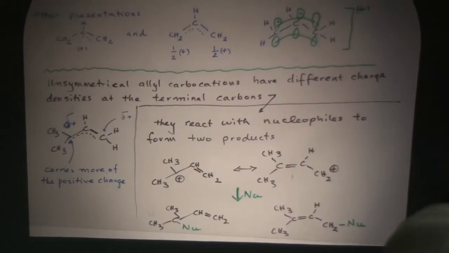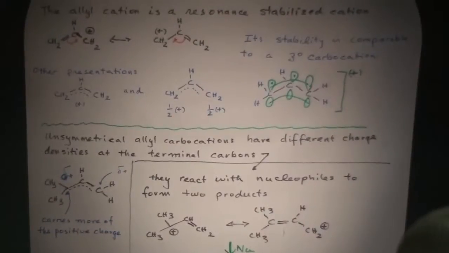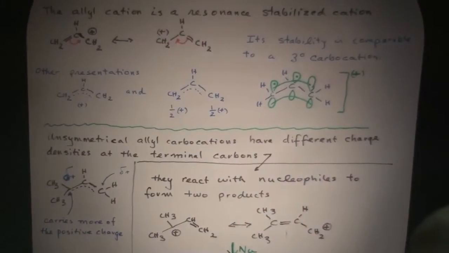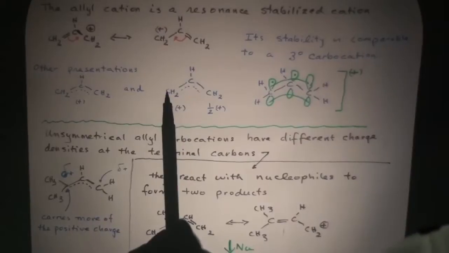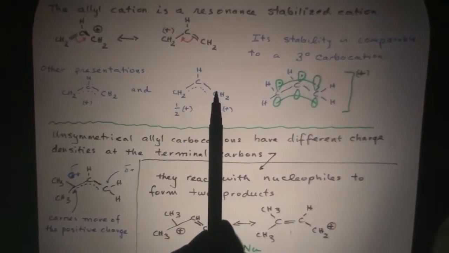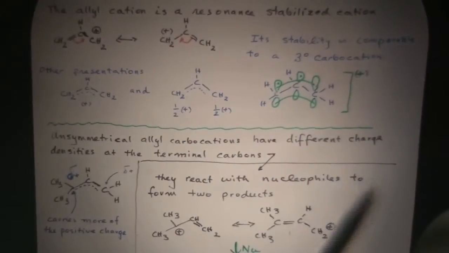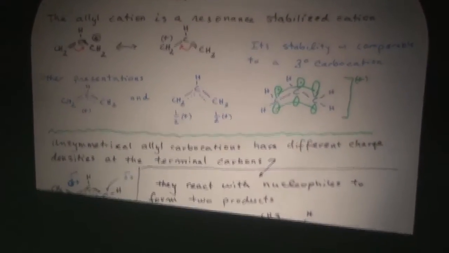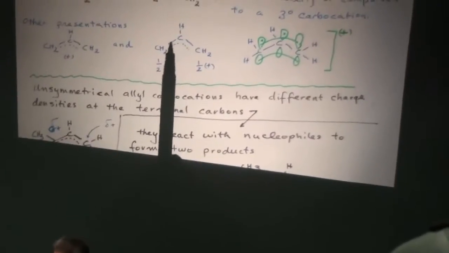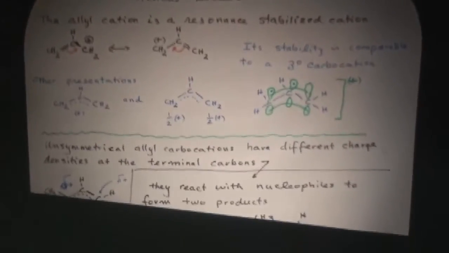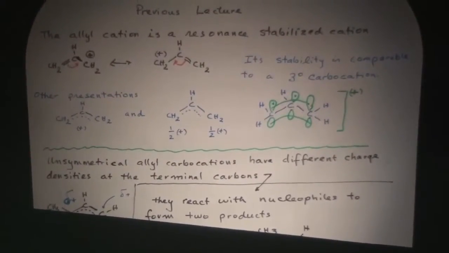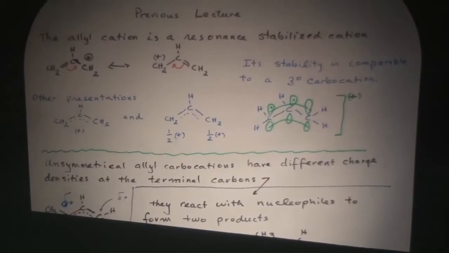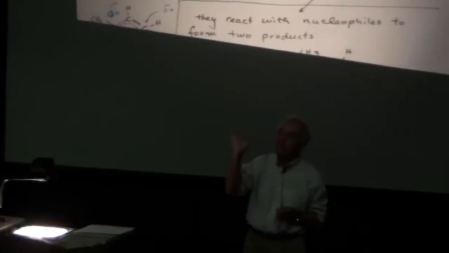Yes, sir. This is supposed to be a half of a positive charge on this carbon and half on that one. This central carbon gets electrons from both sides of the bond, so it doesn't really carry any formal charge. You can't draw a positive charge there, any kind of a positive charge. You cannot attack that central carbon with a nucleophile.